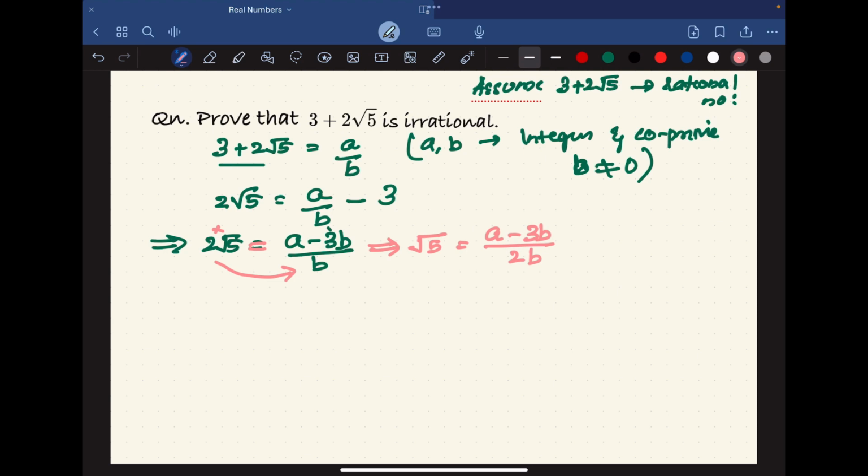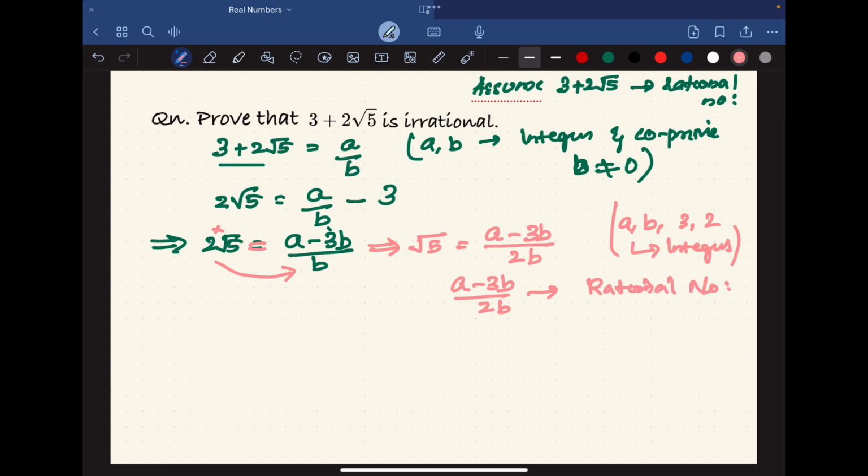So now if we are seeing the right hand side, you can see that there are a, b, 3 is there, 2 is there. All are what type of numbers? All are integers. So can we say that now this is a rational number? That means (a - 3b) by 2b is a rational number, right?